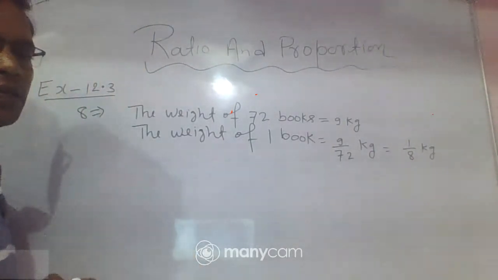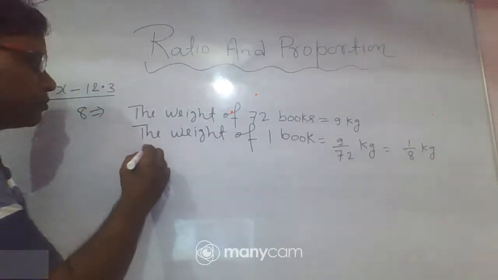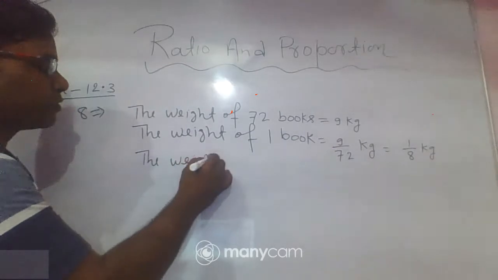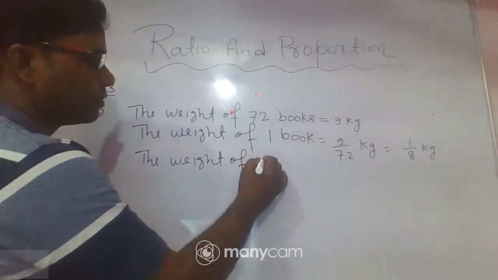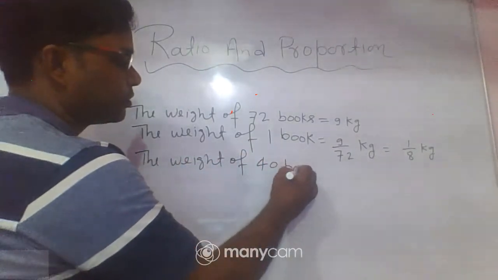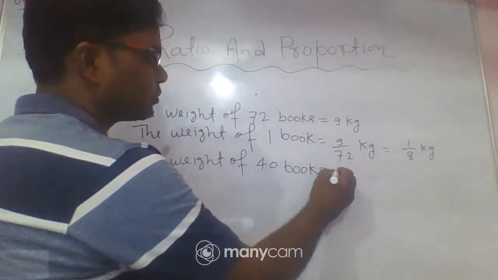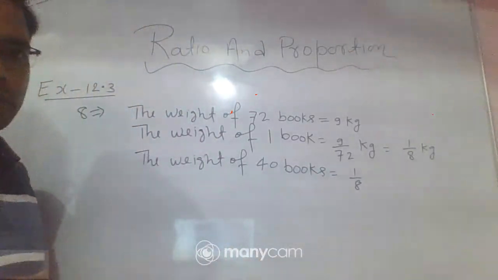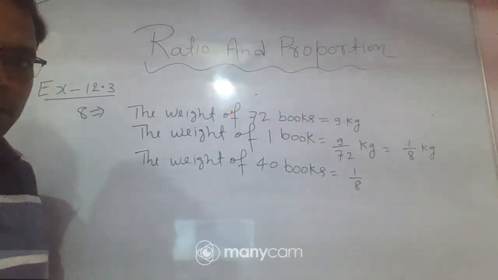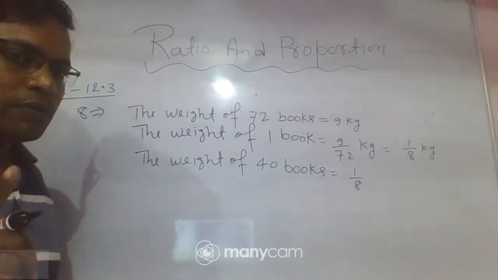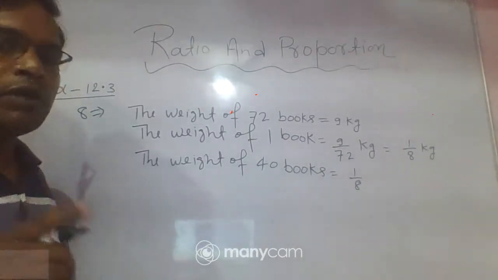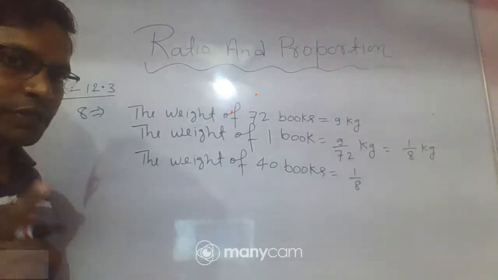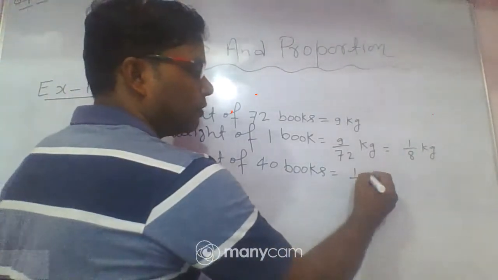Okay, now we find the weight of 40 books. The question asks us the weight of 40 books. The weight of one book is 1 by 8 kg.